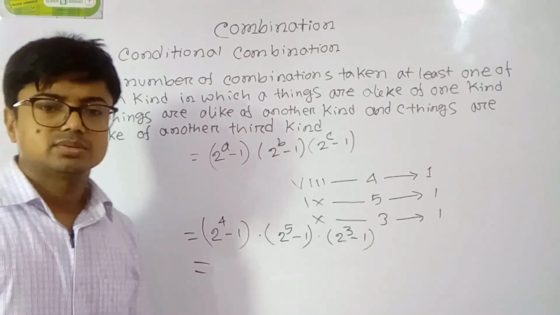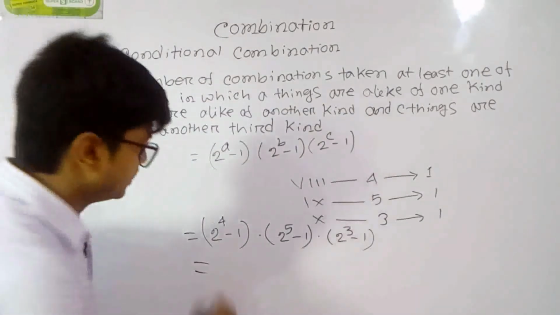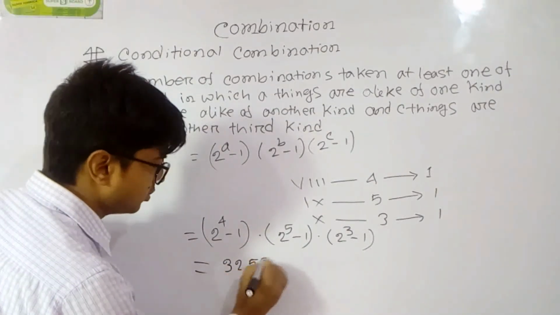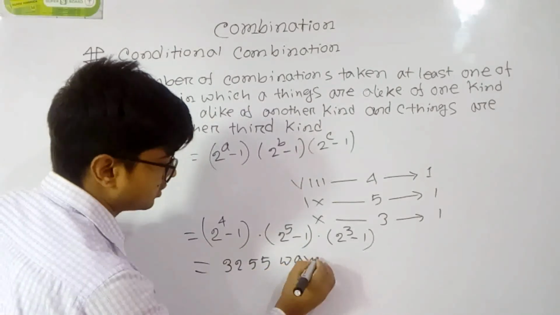After calculation, our answer will be 3255 ways.